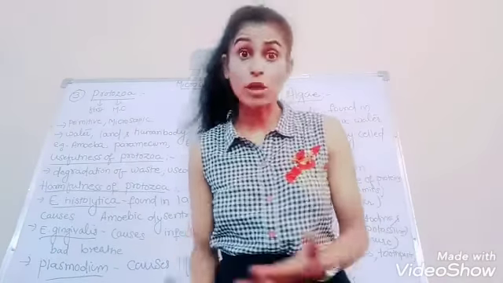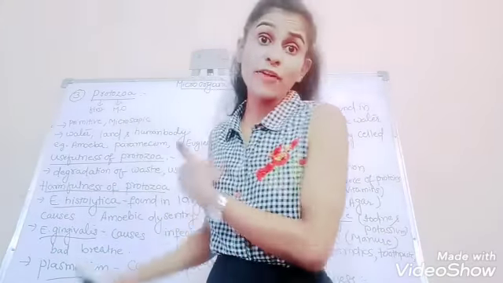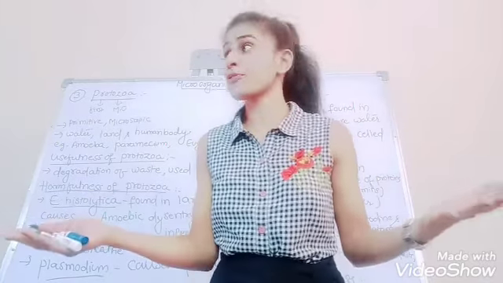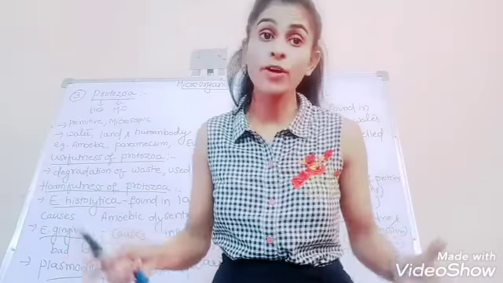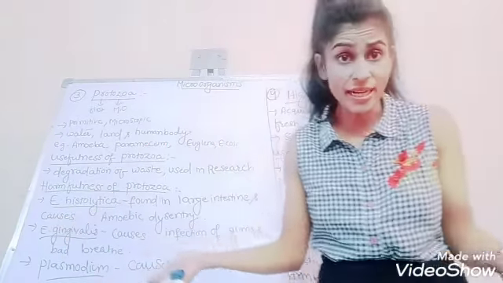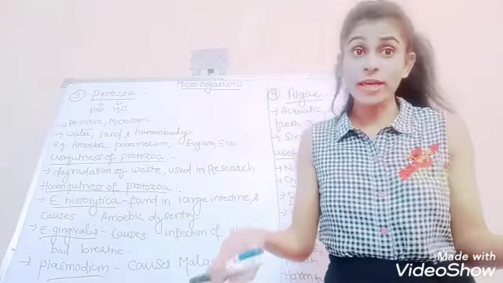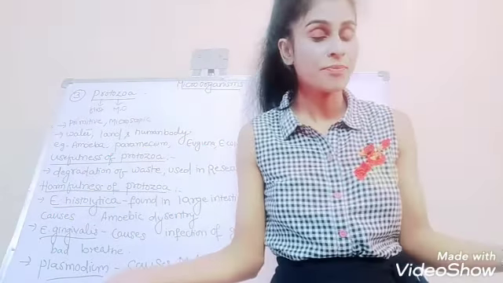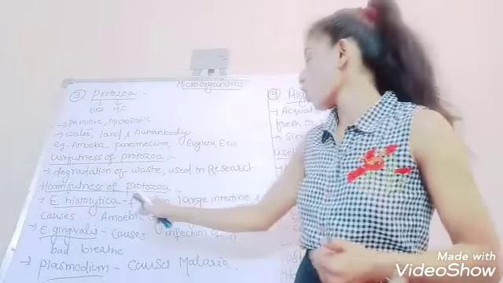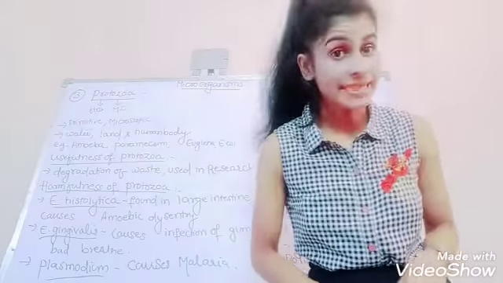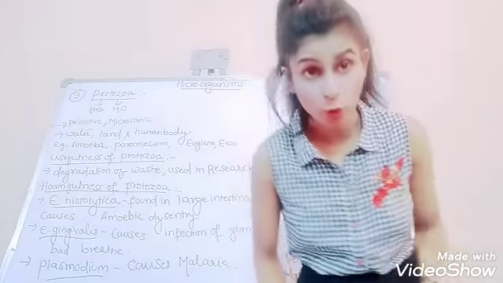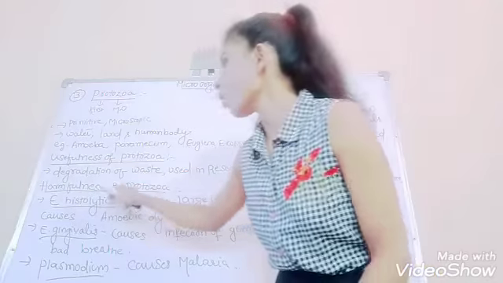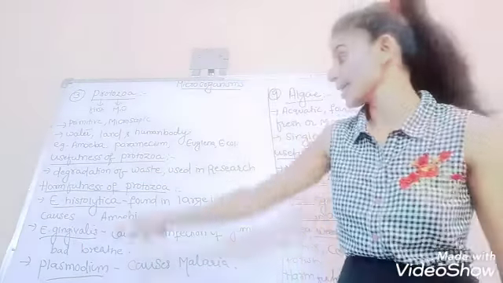Harmful, of course: it also causes a number of diseases, and one common disease we all know about is malaria. Plasmodium is the very best example of a protozoan which causes malaria. It also causes amoebic dysentery, which is caused by a protozoan named Entamoeba histolytica.